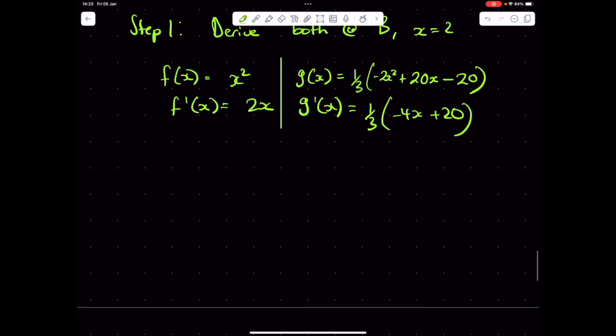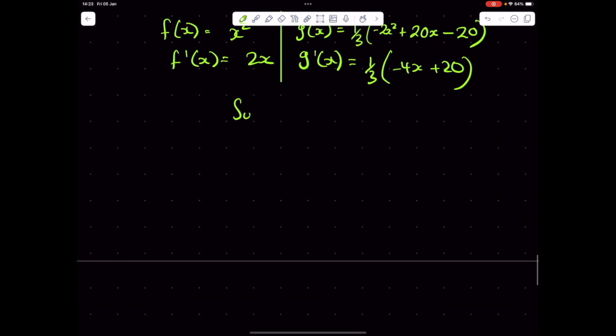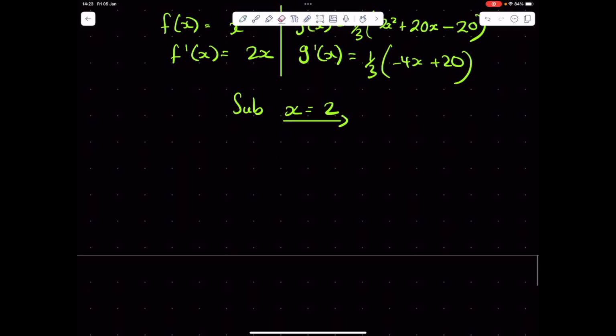All right. So now what we do is we have to substitute in 2 for both. So sub x is equal to 2. If we return the same value for x is equal to 2 for both, that means the gradients are equal at B. We'll start with f prime of x. f prime of 2 is going to be 2 times 2, which gives you 4, right?